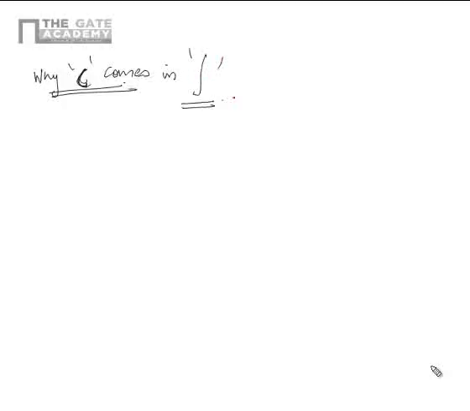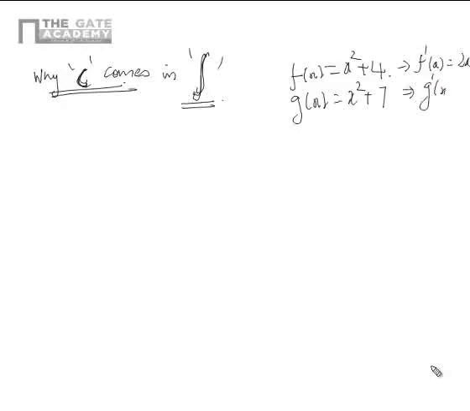See, for example, let us take f of x is equal to x square plus 4. Let me take another function g of x is equal to x square plus 7. What is f dash of x? 2x. What is g dash of x? This is also 2x.